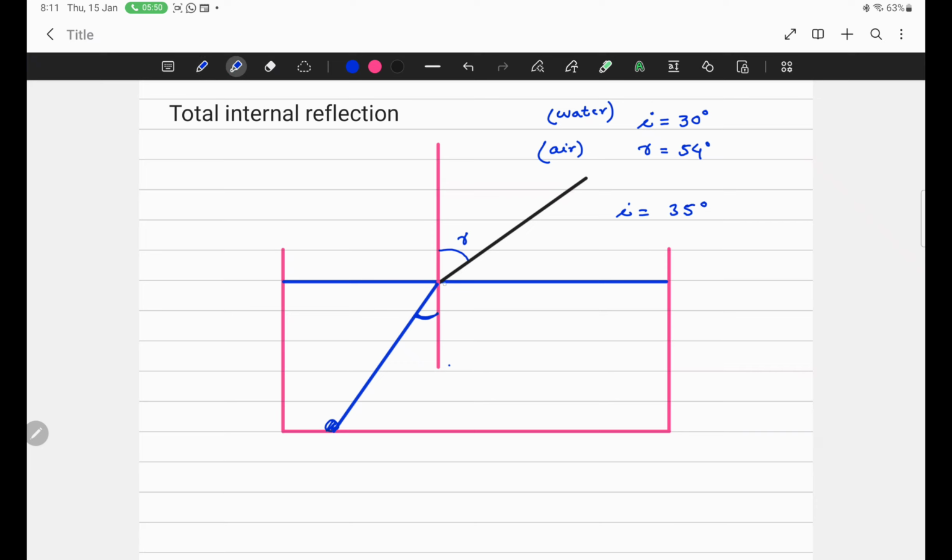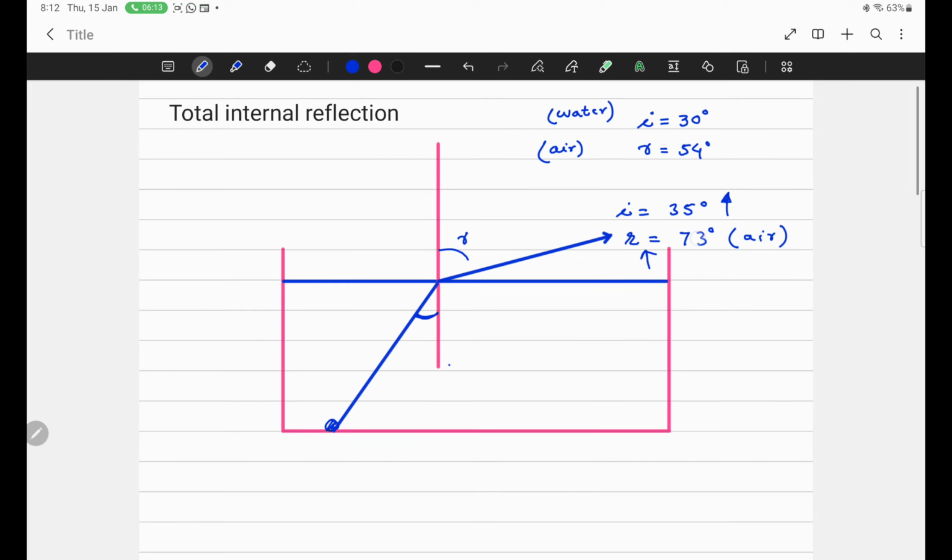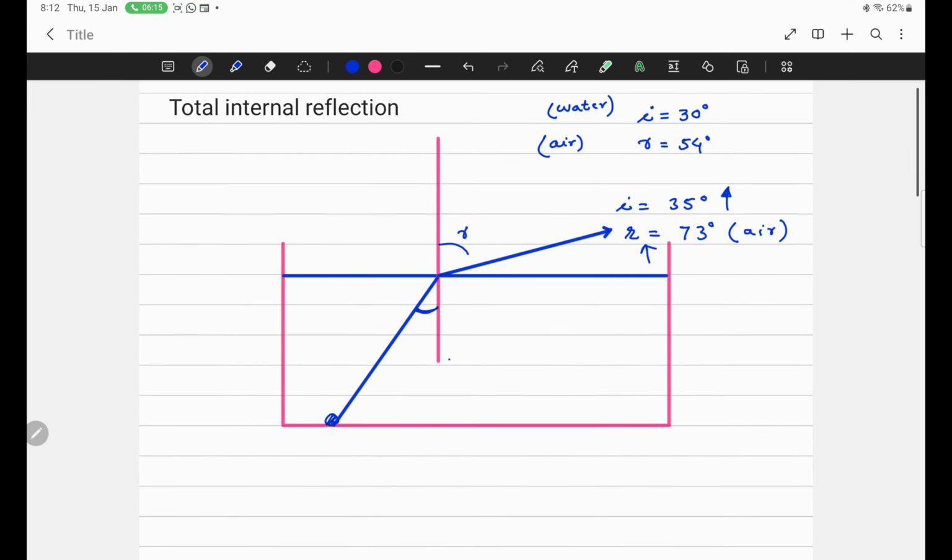When you increase the incident angle, you will see the angle of refraction in air will further increase. Consider the angle of refraction in air is 73 degrees. It means if you increase angle I in water, it will increase angle R in air.